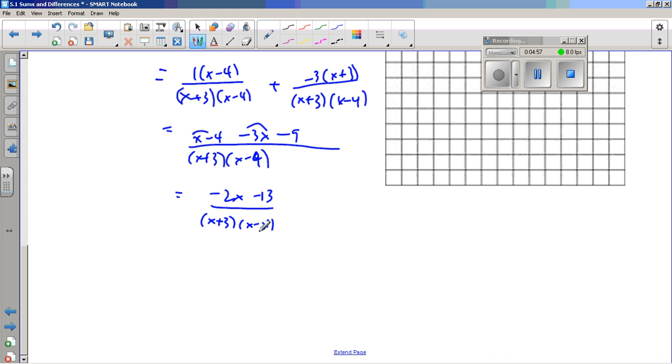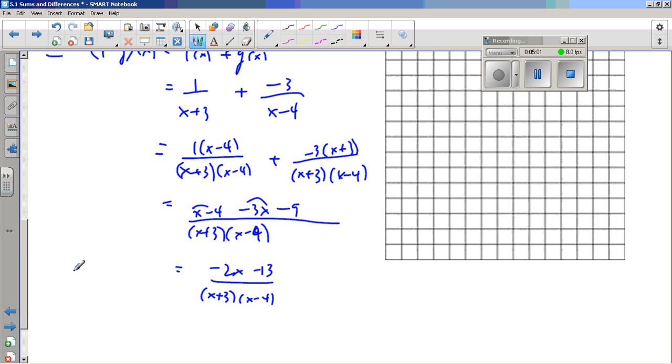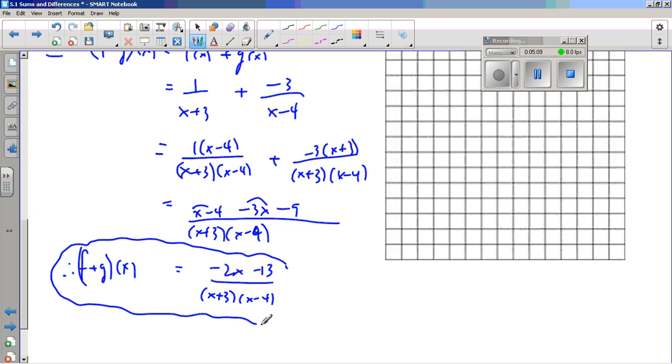And then they ask us to graph all three. And notice, one way I could do that is by taking my new sum function that I just found, this function right here, and graph it using the algorithm that we learned from Unit 2 on rational functions, right?